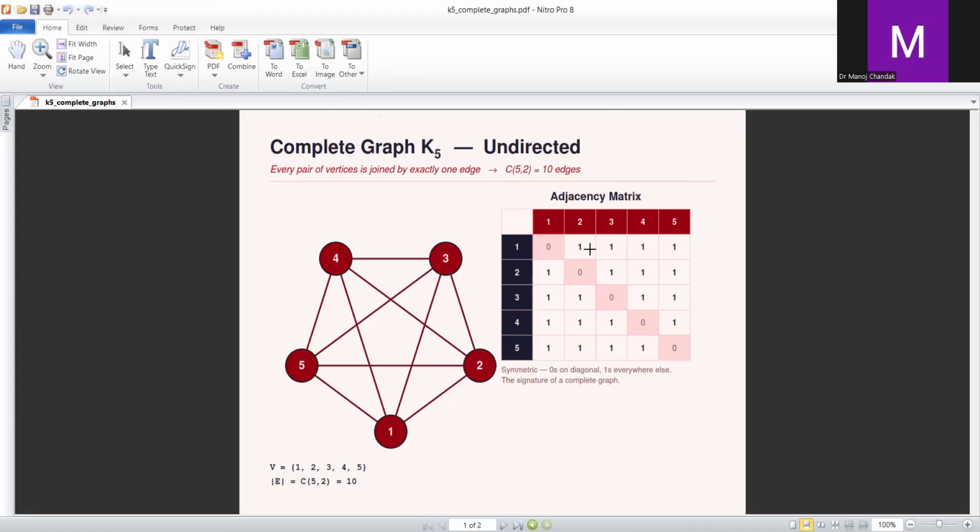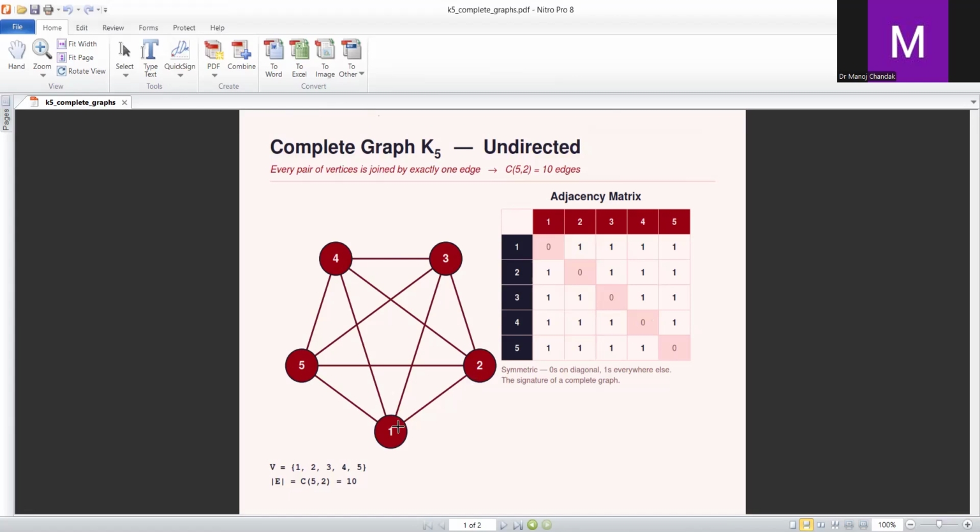Next question on this is how many edges will be there in this undirected graph if there are n vertices. For example, if there is a graph with 5 vertices, n equal to 5, the number of edges will be 10, because in an undirected graph 1 comma 2 is equal to 2 comma 1.